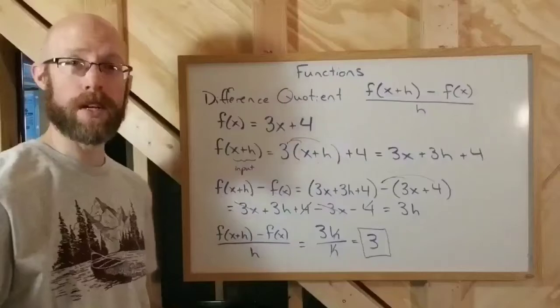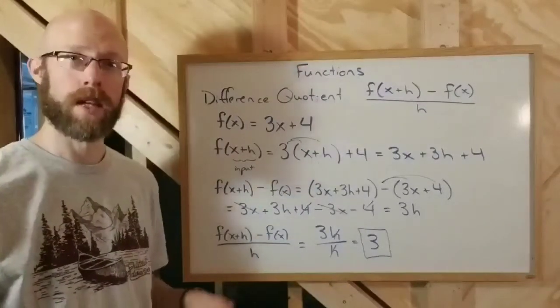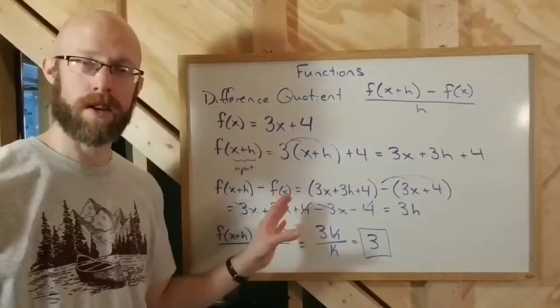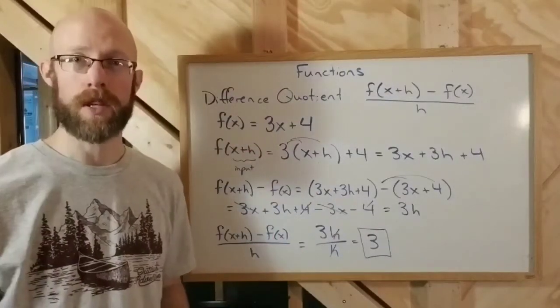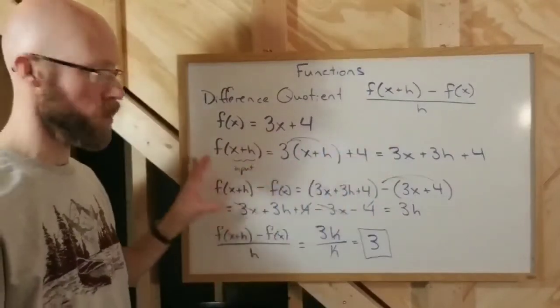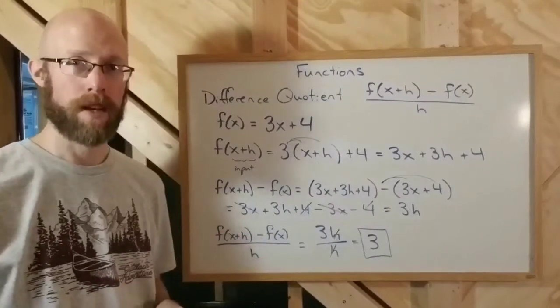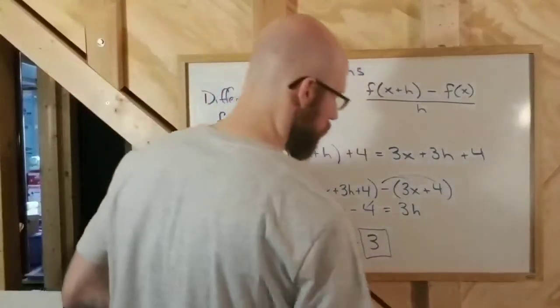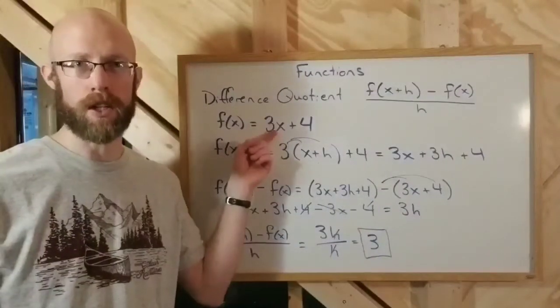There are some very interesting patterns that show up in calculus that allow you to bypass some of this calculation and jump to the answer. We're not going to show you those here. I really just want you to get used to using the formula and combining things appropriately. Now there are many different types of functions. I gave you a simple linear function on this first one.